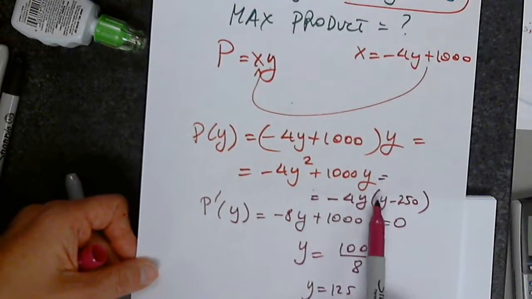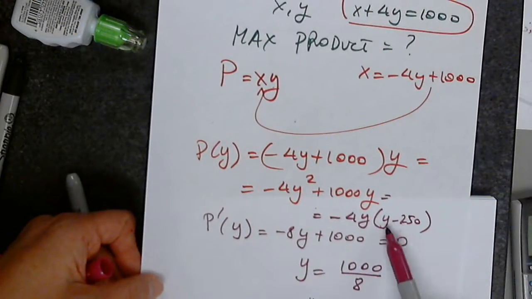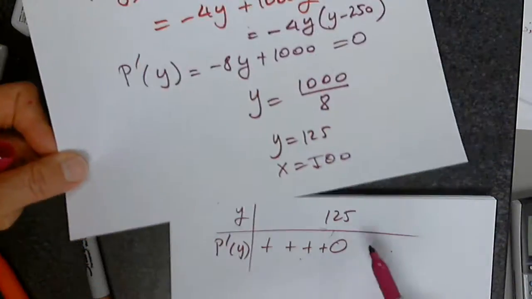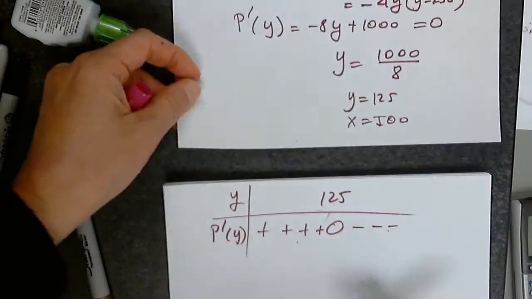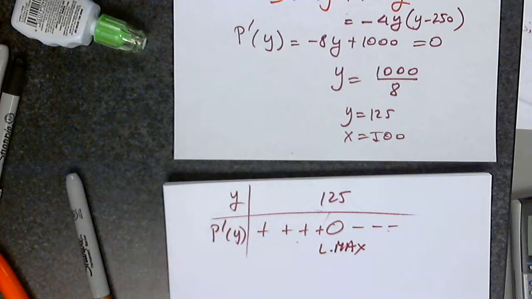I want to plug in anything to the left of 125, like 100. If I plug in 100, this is negative, so this is positive. If I plug in 1,000, this will be positive, this will be negative. And now, yes. Now this is guaranteed to be a maximum because of the signs of the first derivative.